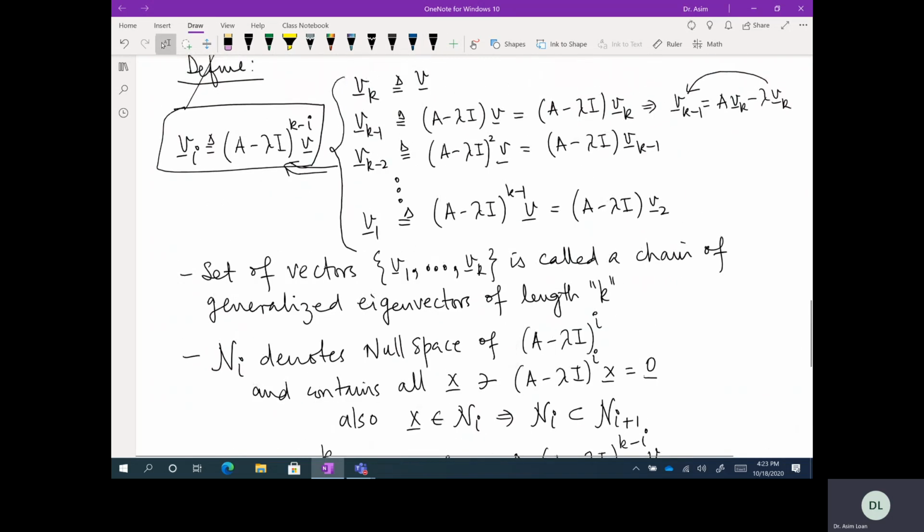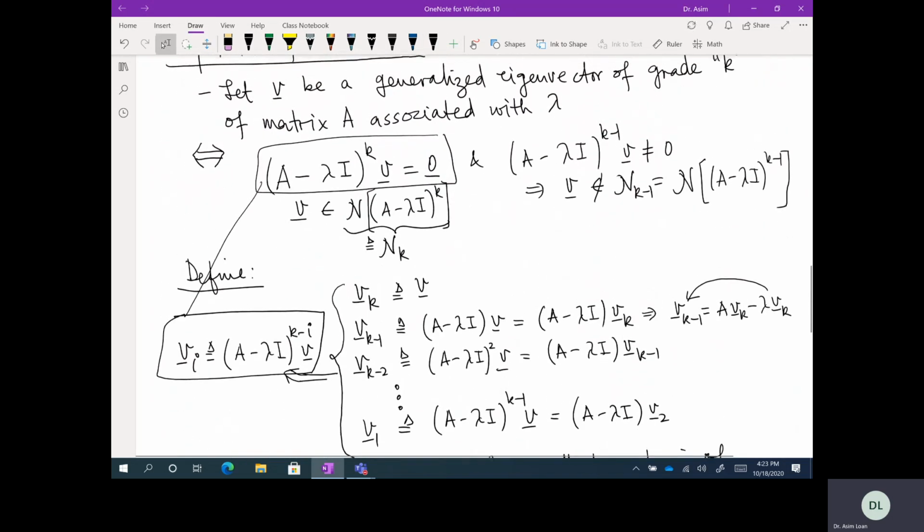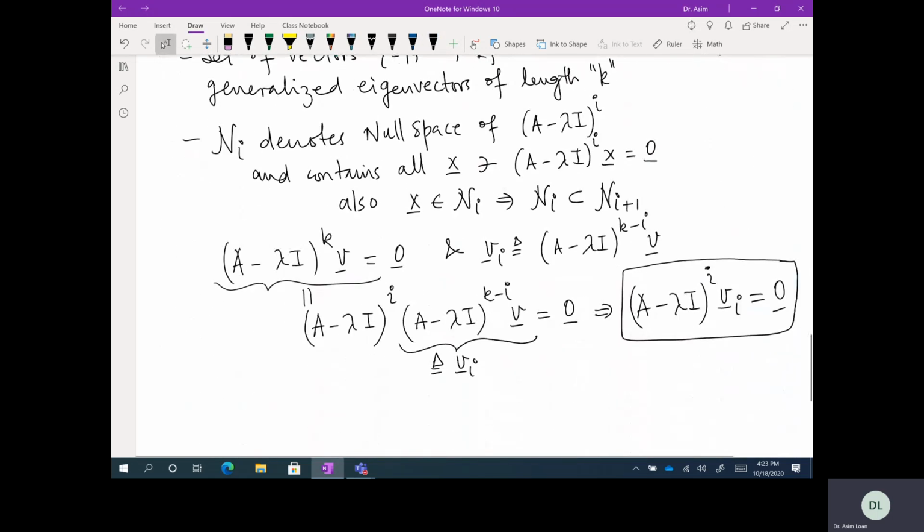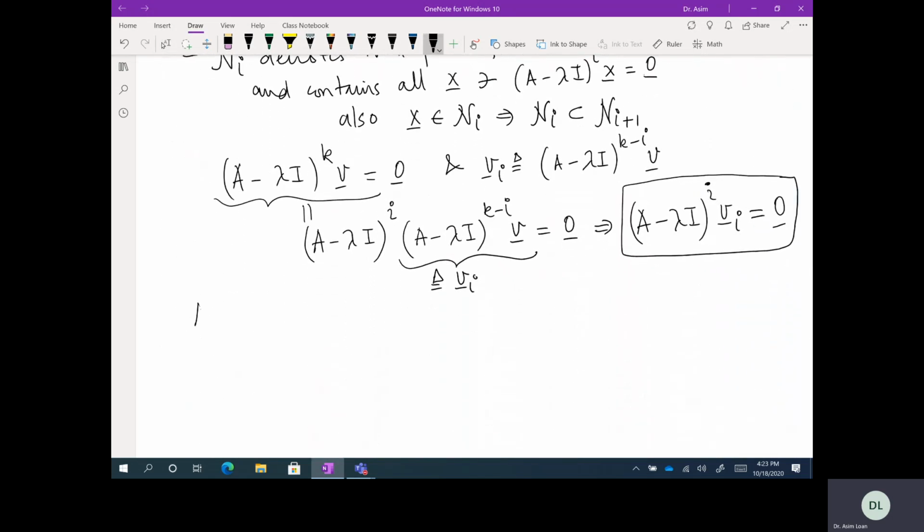Also from here, what do we have? A minus lambda I to the k minus 1 into v is not equal to 0, so v does not belong to the null space of A minus lambda I to the k minus 1.